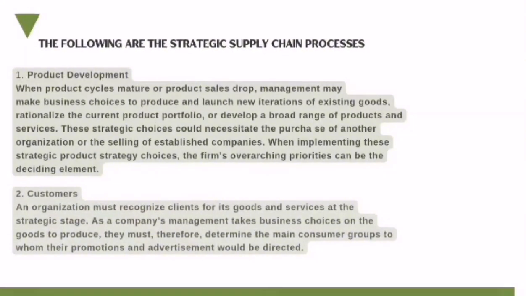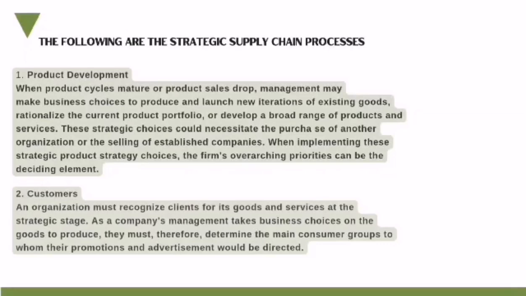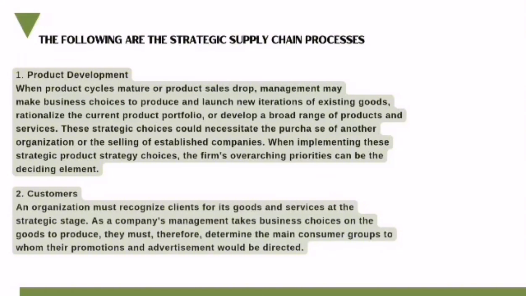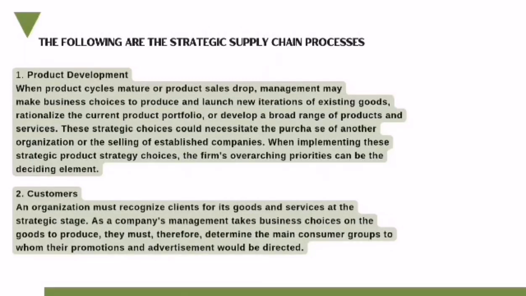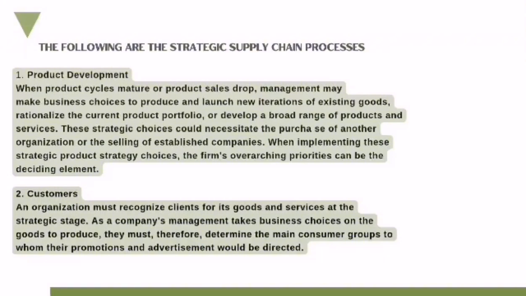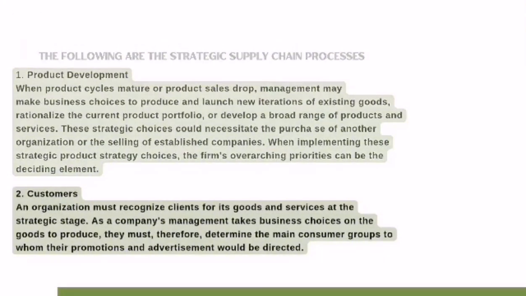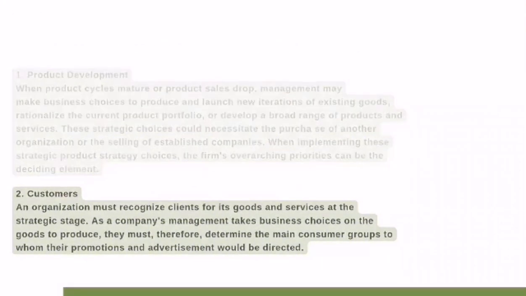When products get old or stop selling, companies need to make some choices, like update the product, make a newer, better version to get people interested again, and get rid of some products, focus on the best selling items and stop making the ones that are not doing well, and make new kinds of products. Start making different things to attract new customers.